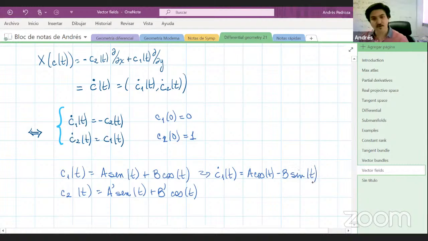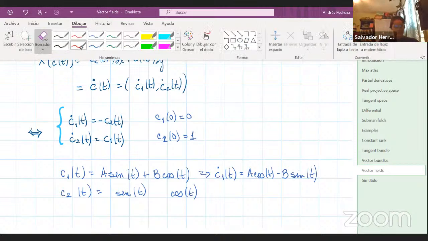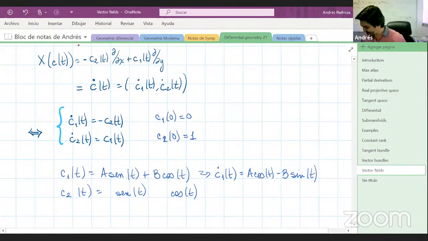Okay, and that has to be equal to minus C2, right? So what is it?